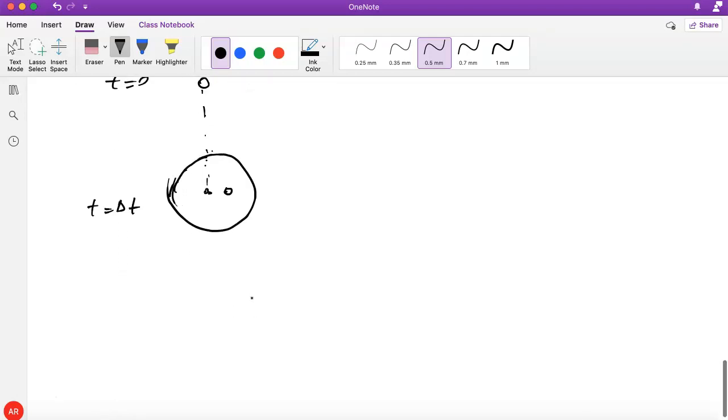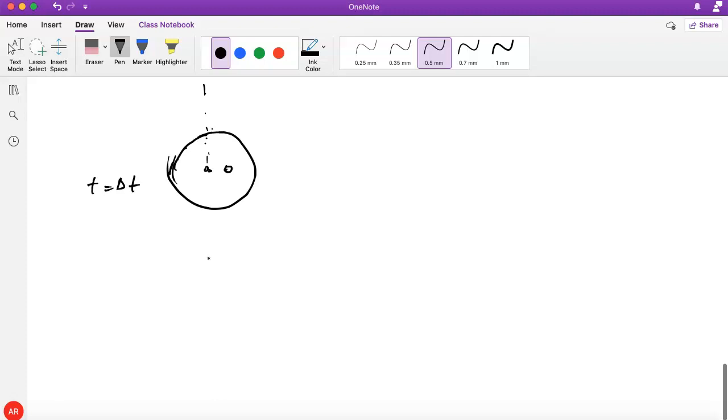And then the source moves forward even more, and this original wavefront has grown, and there's another wavefront whose center is the previous point.